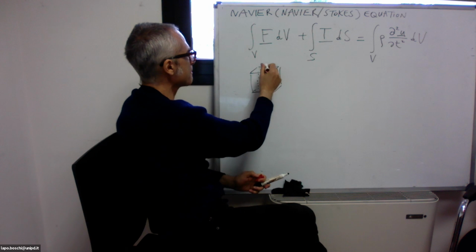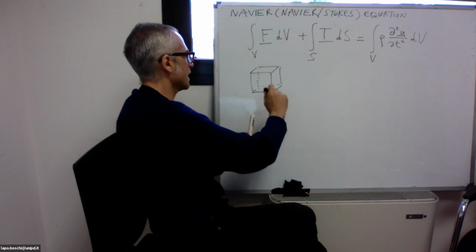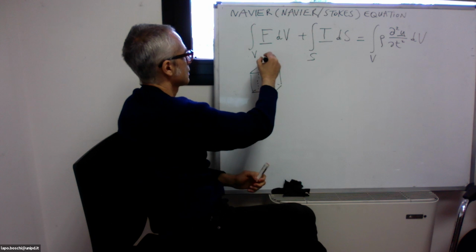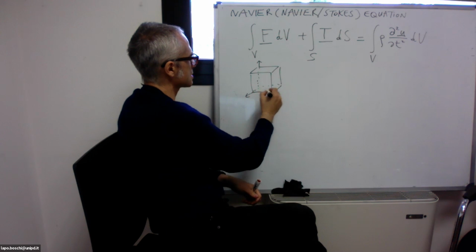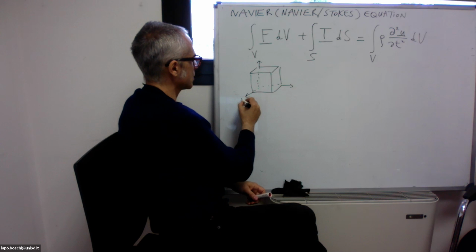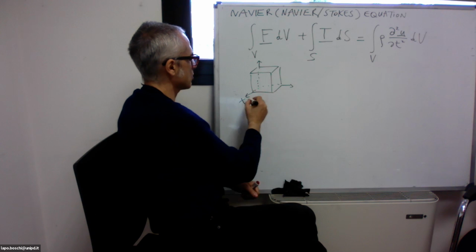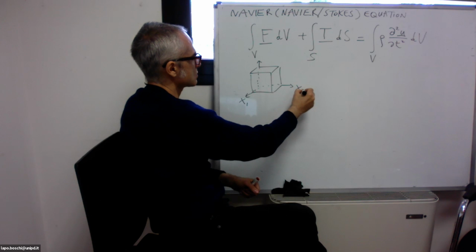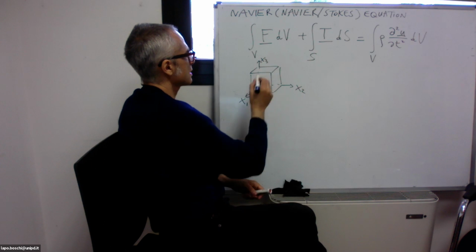So, for example, if I call the axes, let's use a slightly different notation, which I think is better, and we shall call them x1, x2, and x3, okay?